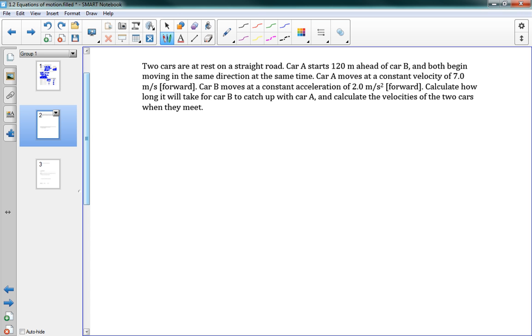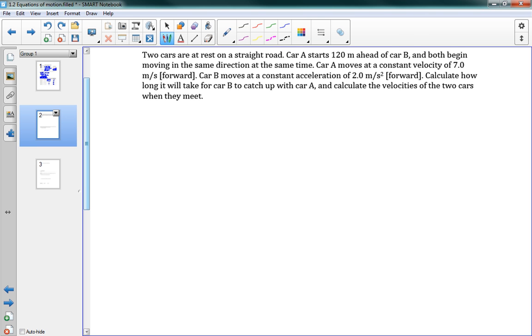Like always, for physics problems, it's a good idea to draw this first. So I'm going to draw a little picture of what's happening. I've got my car. I'm going to call this my 0 position. It tells me that car A starts 120 meters ahead of car B, so I'm going to say that car A starts all the way over here, and I'm going to draw a little car.